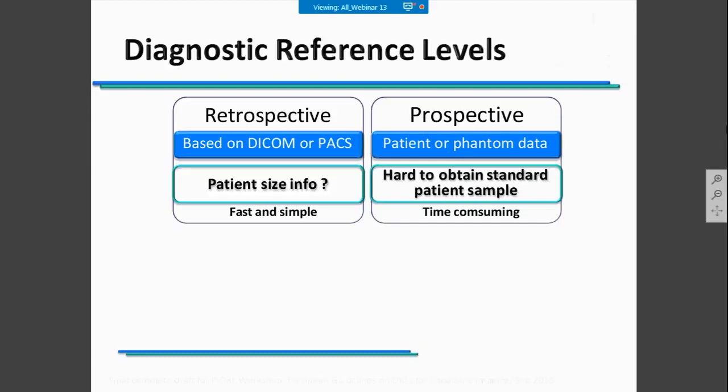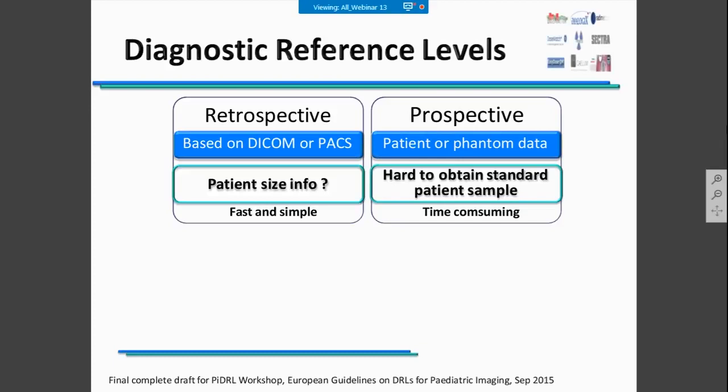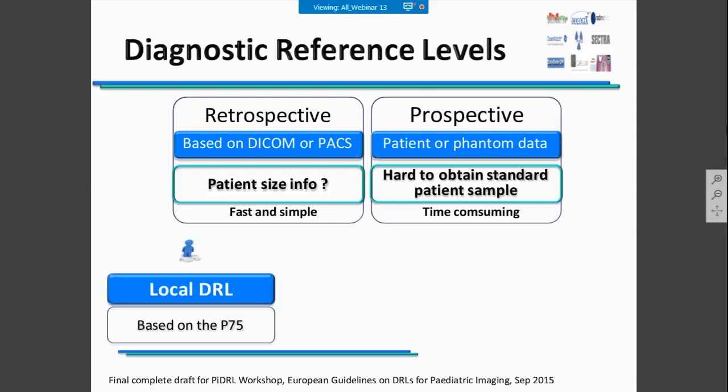Don't forget that at the moment you have a lot of dose monitoring systems that could calculate the DRLs for you. However, it's important to understand how they are calculated and how to interpret the data that you obtain with these systems. So if you want to calculate your local DRL, you should calculate it based on the 75th percentile dose values of CTDI and DLP.